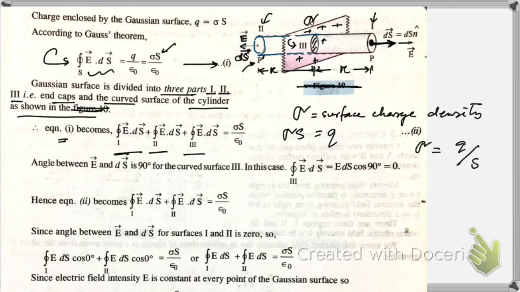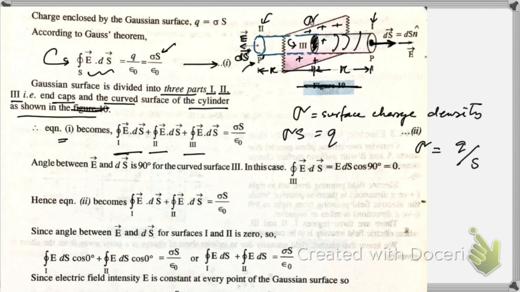Okay, so you see this third is the curved surface. This third surface you can see here, number 3, it represents the curved surface. Okay, not this surface, not this one, this cross section. It doesn't mean the cross section. Okay, this number 3 represents the curved surface of this cylinder.